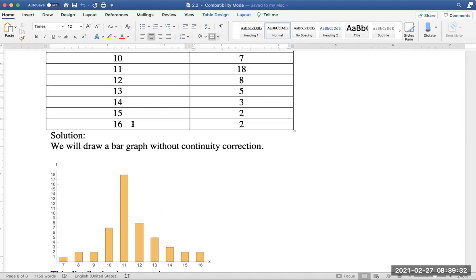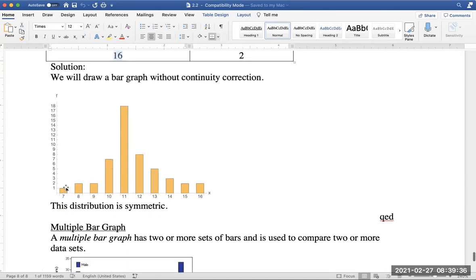If your data is indeed discrete, you should draw it looking like this with these gaps to say, oh yes, this is discrete data. We're counting. This looks symmetric. So this distribution is symmetric.